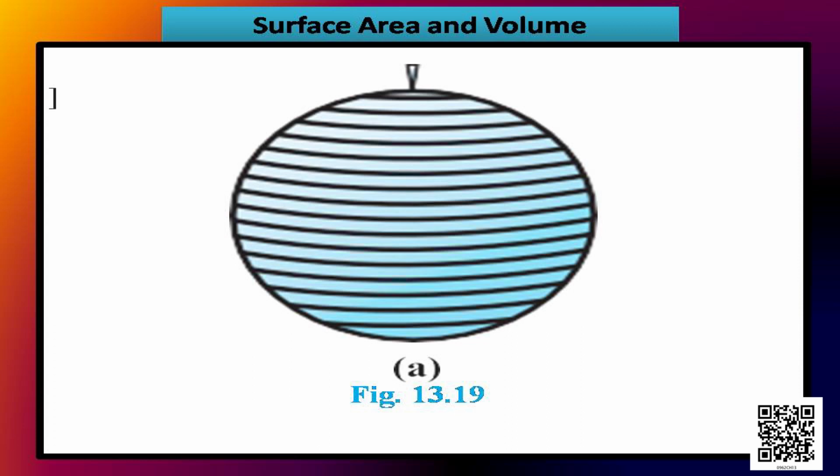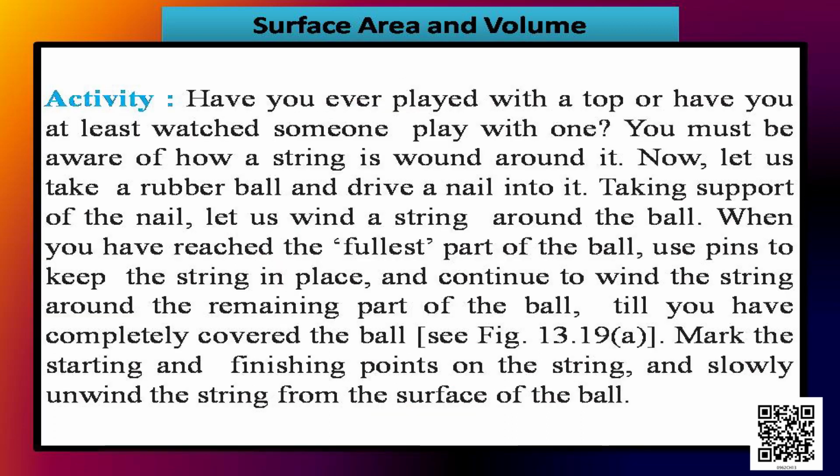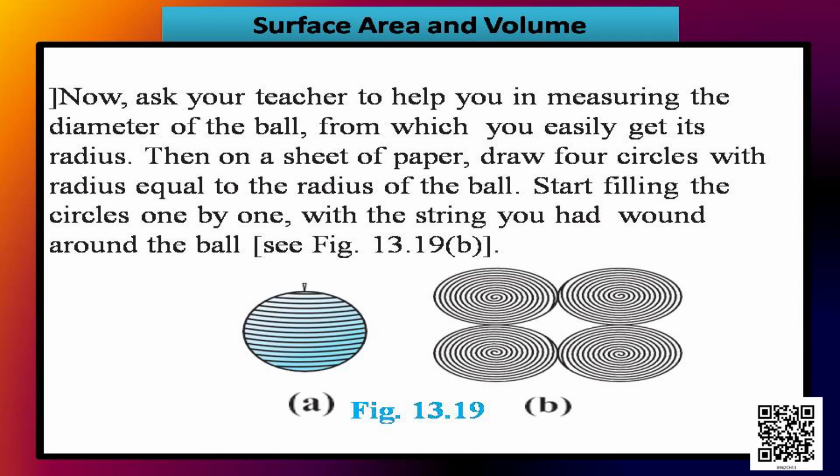13.19a. Mark the starting and finishing points on the string and slowly unwind the string from the surface of the ball. Now ask someone to help you in measuring the diameter of the ball, from which you easily get its radius.